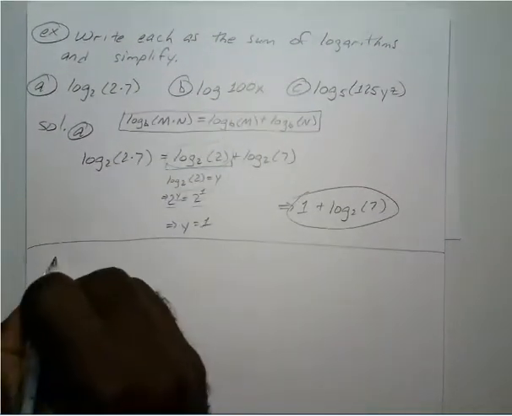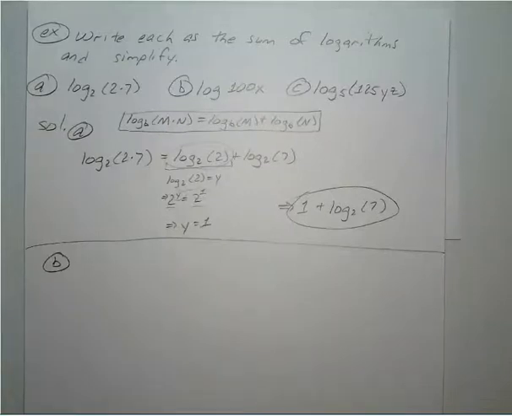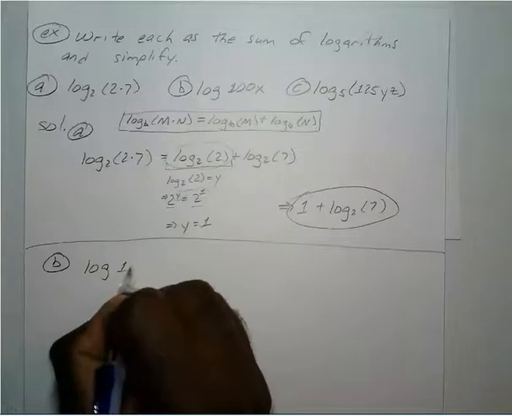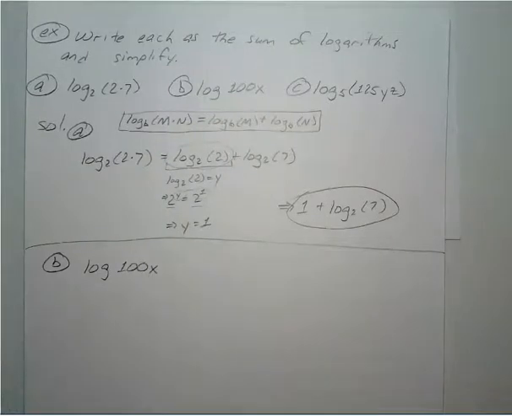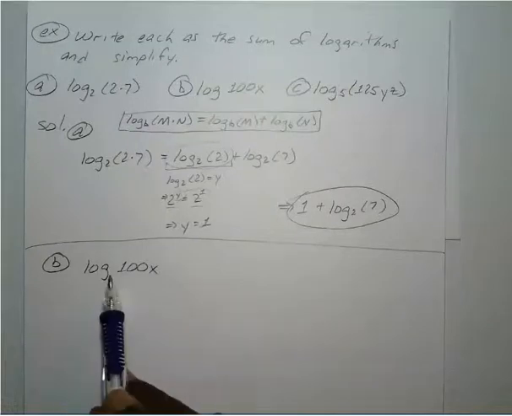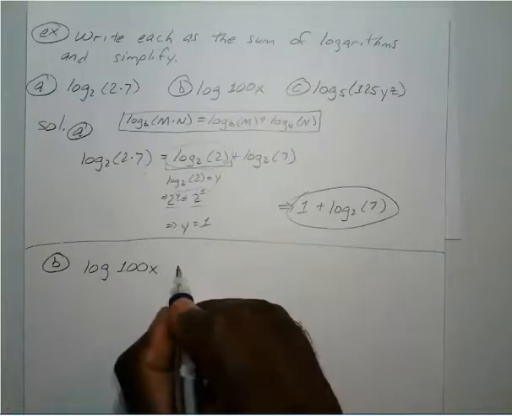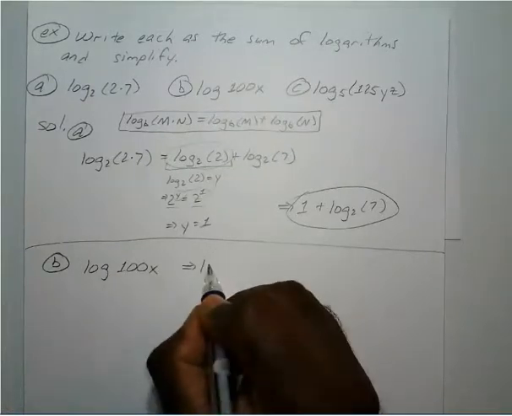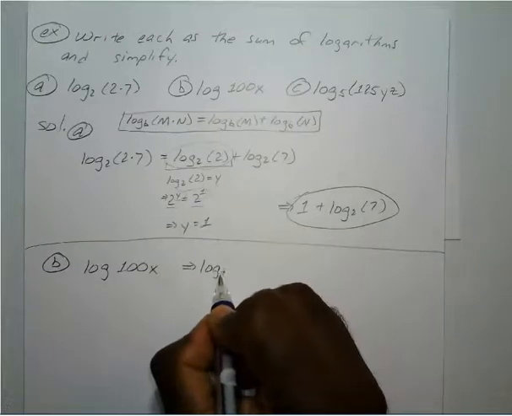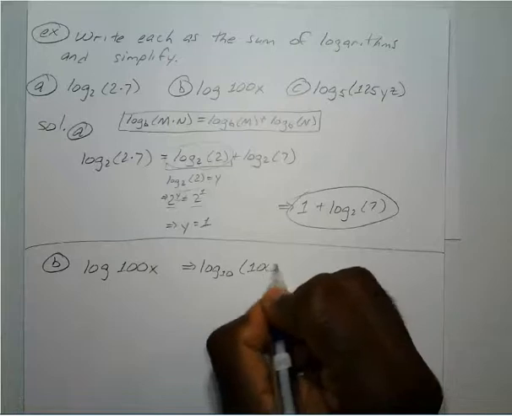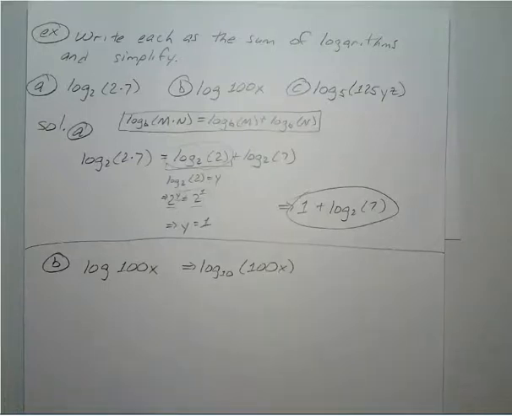Let's go to problem B, where we have log of 100x. Now remember, when there's no base, it's a common logarithm, so the base is automatically assumed to be 10. So this becomes log base 10 of 100 times x.